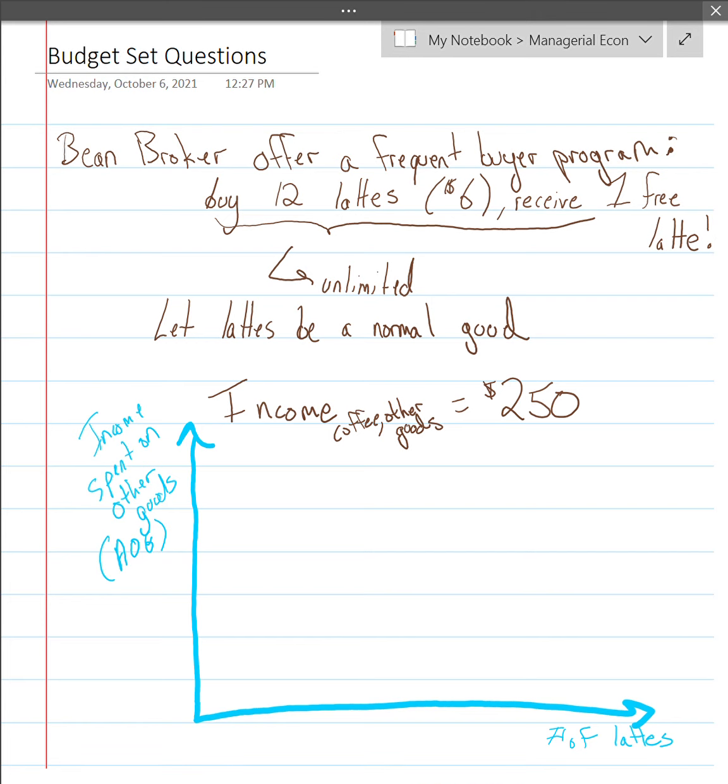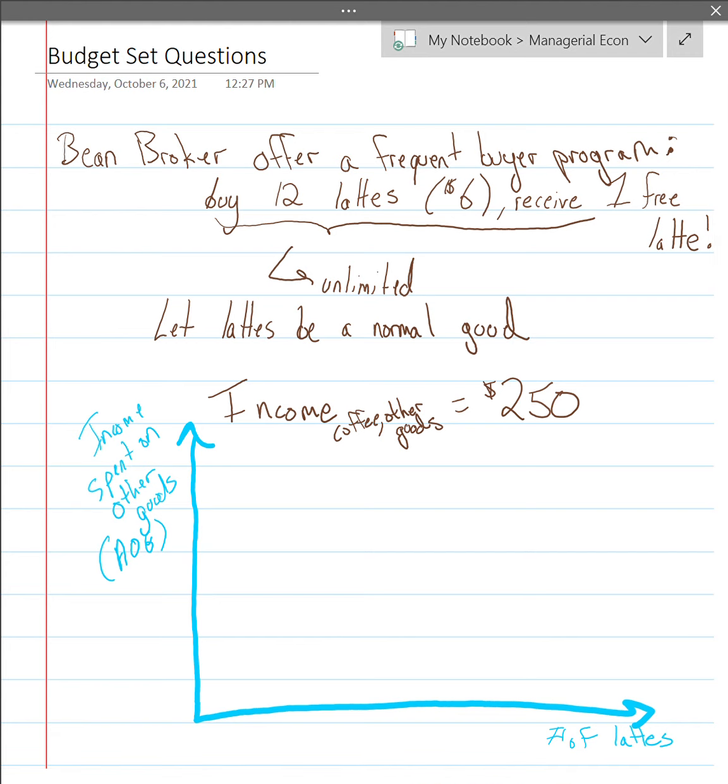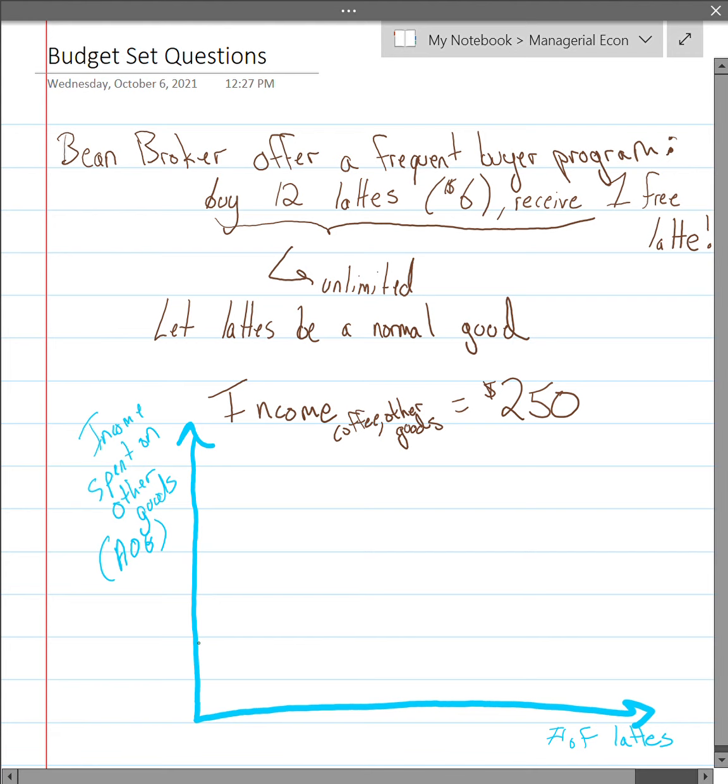So let's go talk about our initial budget line that we're going to have, right? So the initial budget line will be represented by dark green. So the initial budget line is just going to be a straight line between the $250 that we know is our intercept on the Y, because of the fact that that's how much money we have to spend.